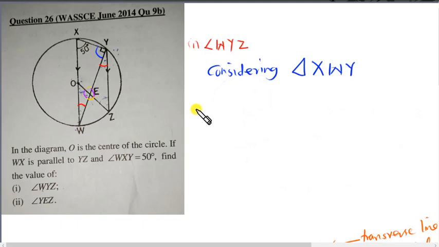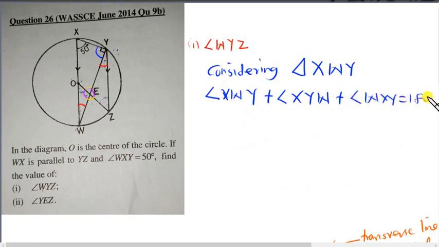So considering triangle XWY, we have angle XWY plus angle XYW plus angle WXY.